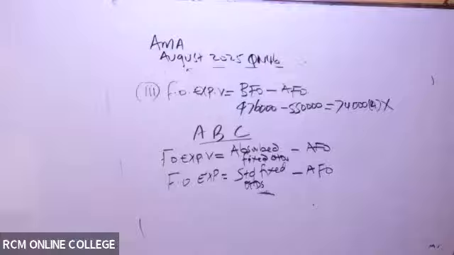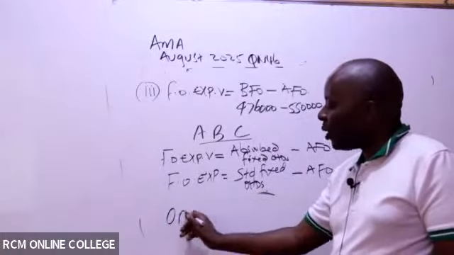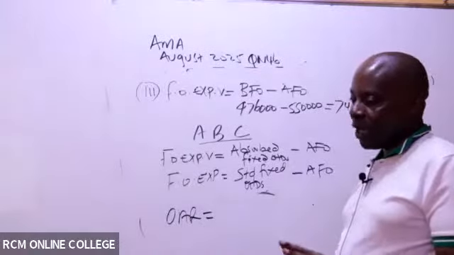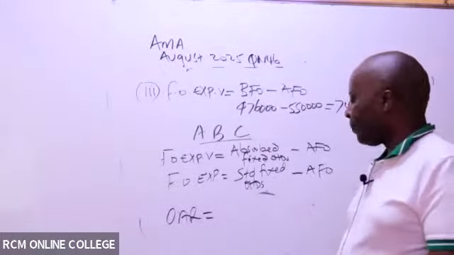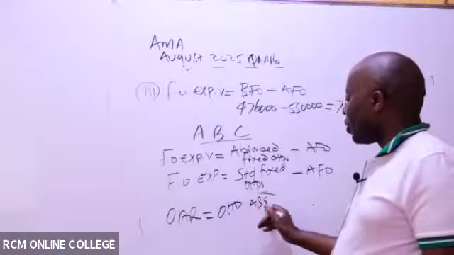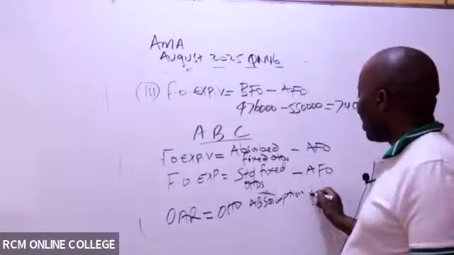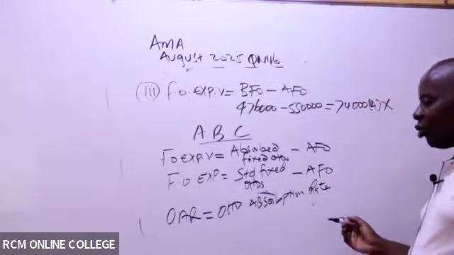So for this to make sense, let us first, for purposes of absorption, compute what we call OAR. Please write there: OAR stands for overhead absorption rate. How do we get it?